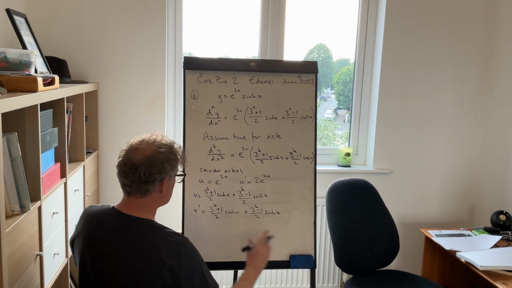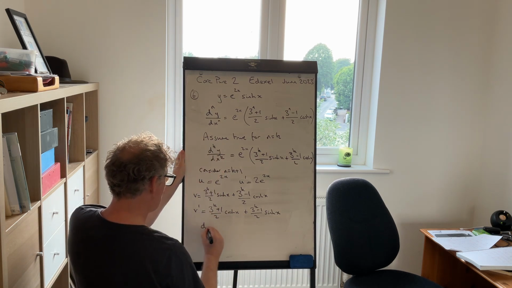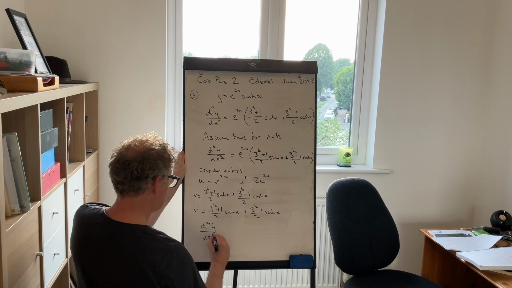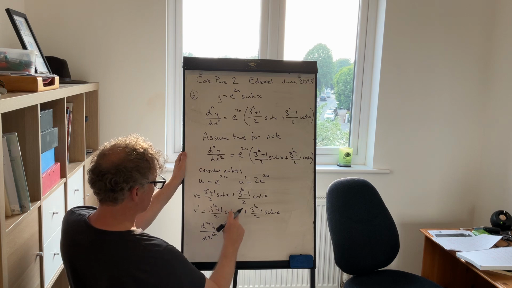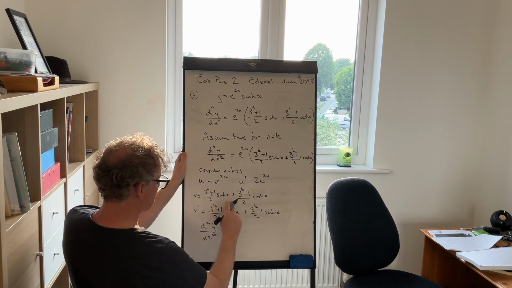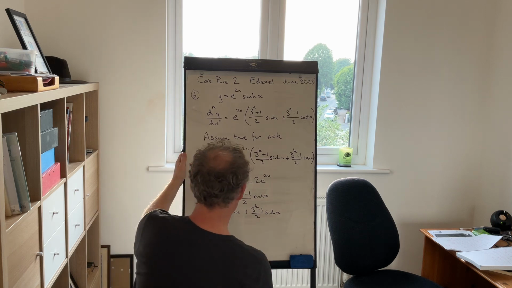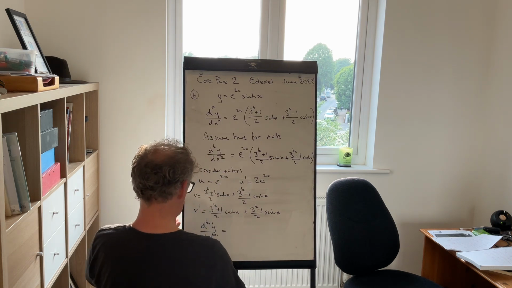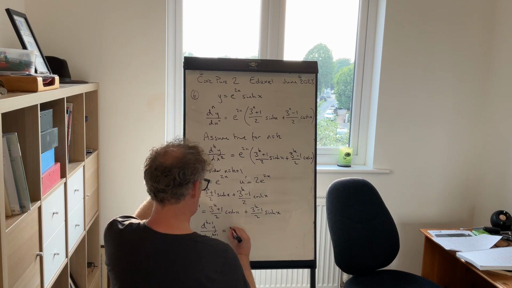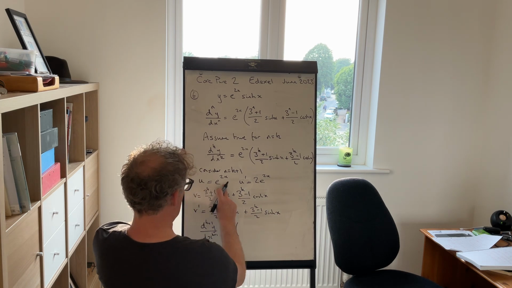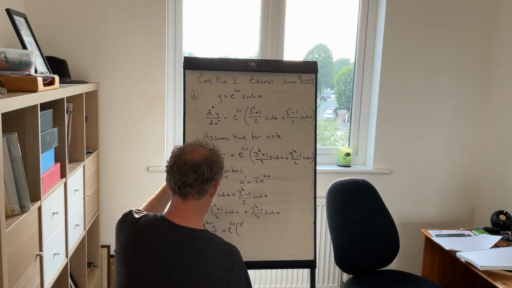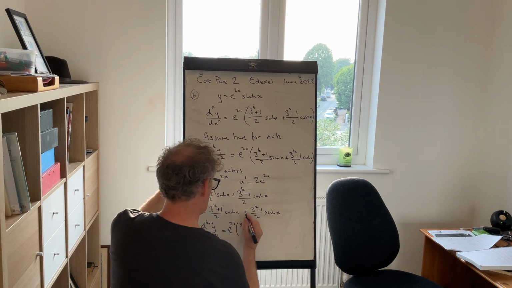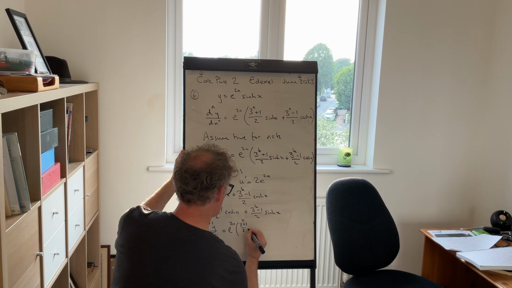Which means that when we get our k plus 1 differential, we're going to get e to the 2x times the differential of that, and 2e to the 2x times that. Right, this is going to be a bit messy, but it's going to struggle to fit this all on one line, but I'll do my best. So I might have to write a little bit small. e to the 2x times the differential of this, so we're going to have 3 to the k plus 1 over 2 cos x.